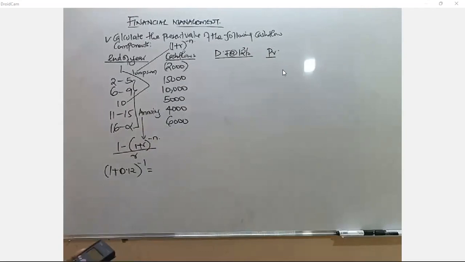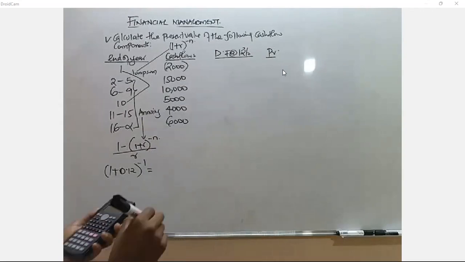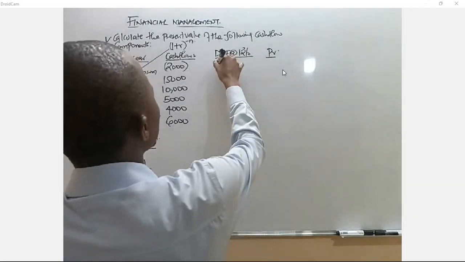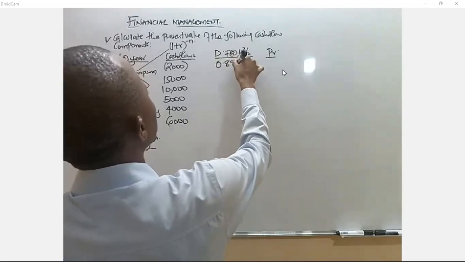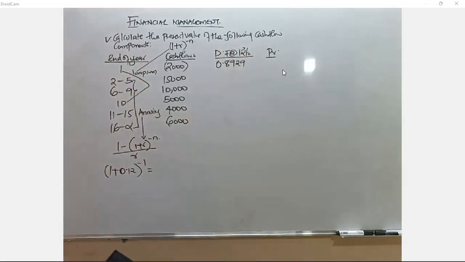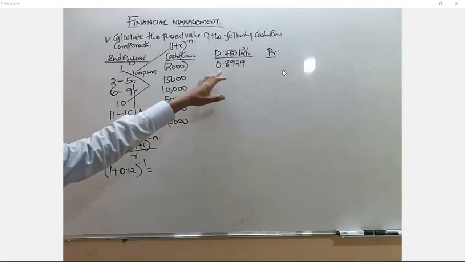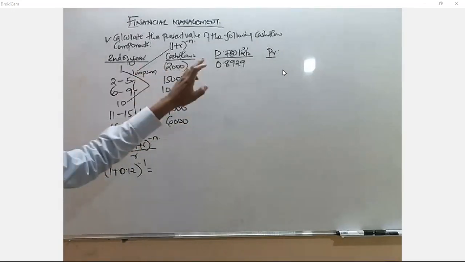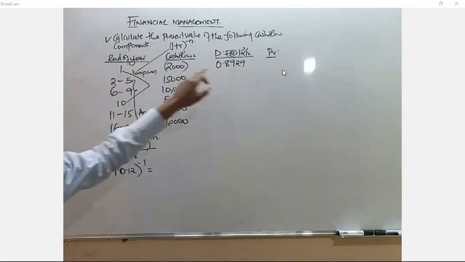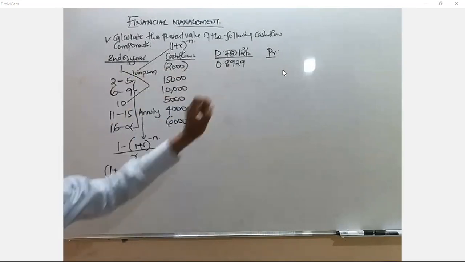So if you take 1.12 raised to negative 1, I should be getting something equivalent to 0.8929. Even when you go to the tables, this is what we'll find under the table for lump sum 12%. You'll be able to get this figure.